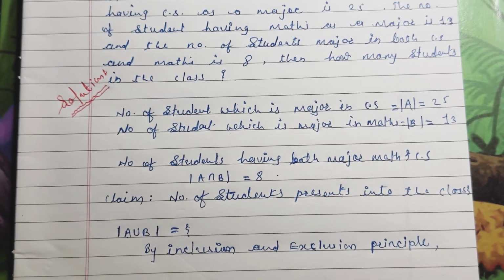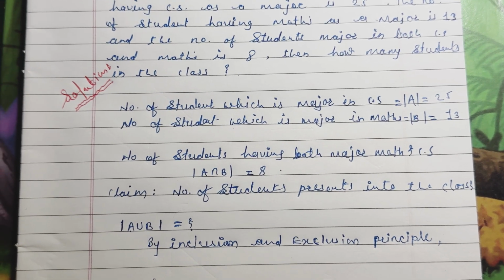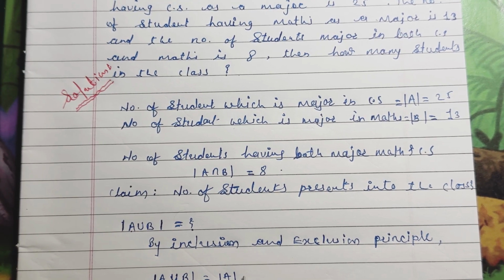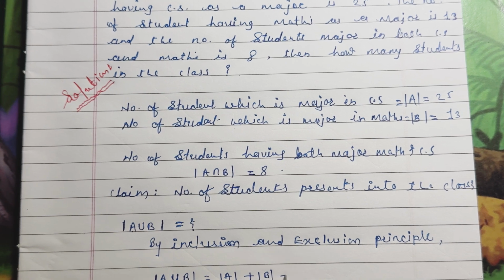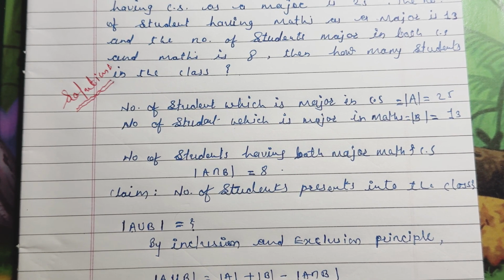The inclusion and exclusion principle says that the cardinality of A union B can be written as the cardinality of A plus the cardinality of B minus the cardinality of A intersection B. This is the principle of inclusion and exclusion.